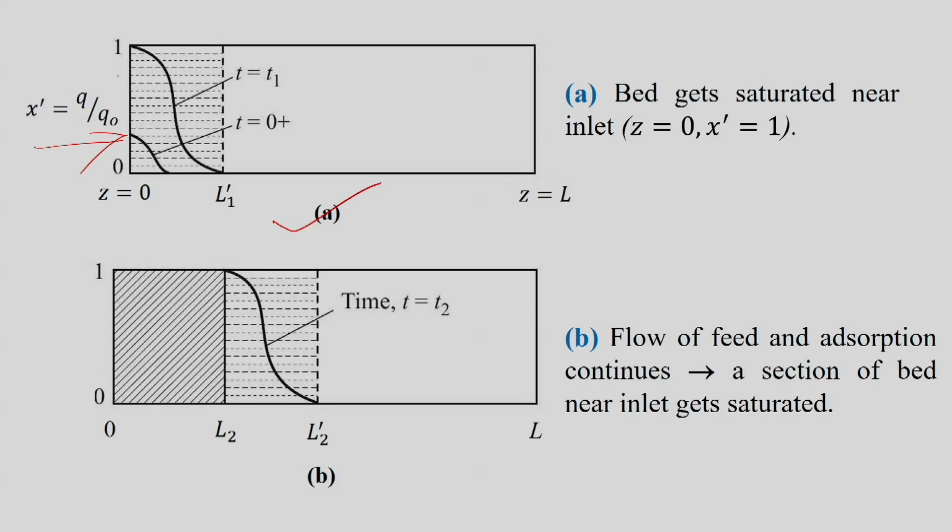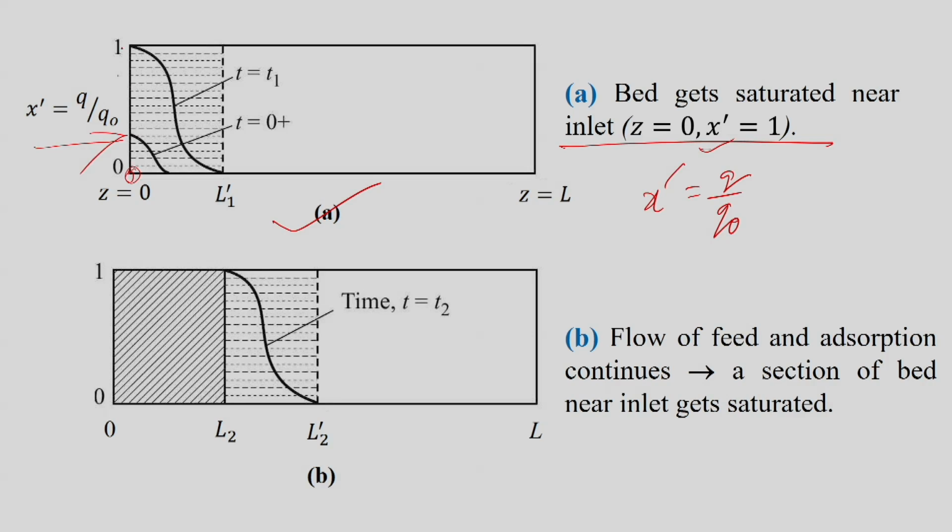Whenever we are near this entry point, when z is equal to 0, then x prime will be 1, because x prime is q by q 0. At the entry point the adsorbate concentration will be the concentration at the saturation point, or at equilibrium.